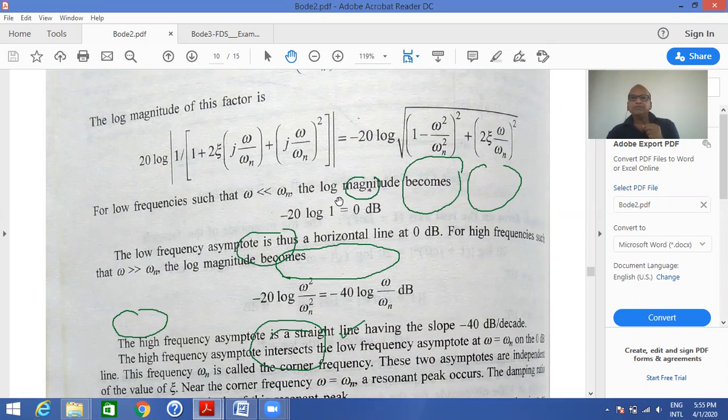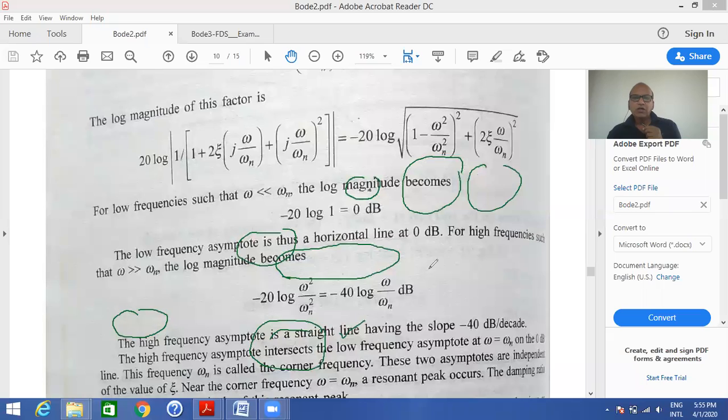That gives the corner frequency. Log 1 equals log of omega divided by omega n, the whole square.